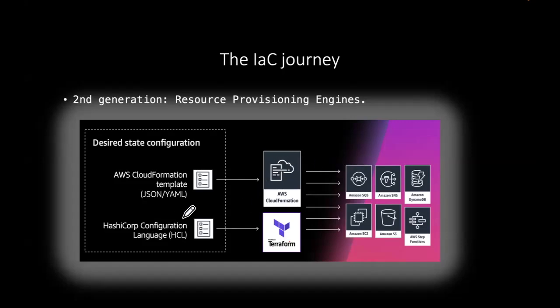So the nice thing about the HashiCorp solution was that it was cloud agnostic, whereas this is cloud specific. Now we're not going to look at Terraform, but it's part of the story of infrastructure as code.